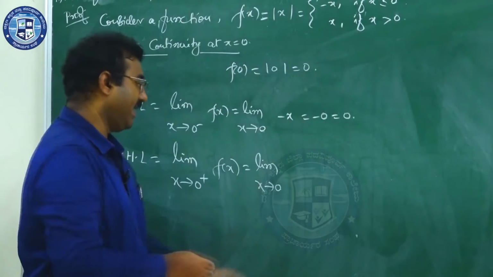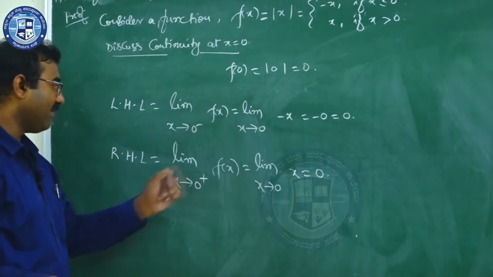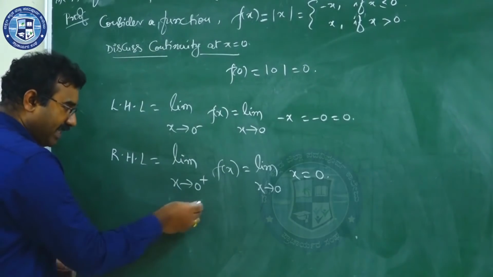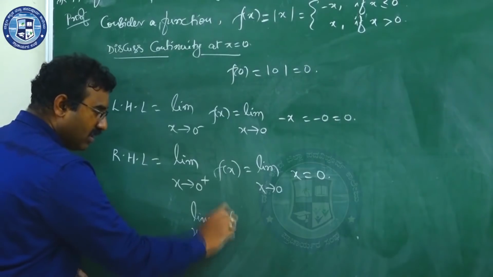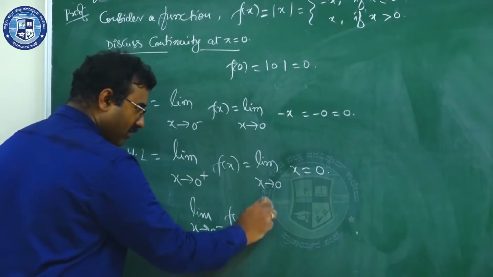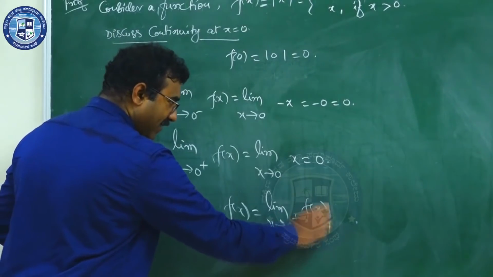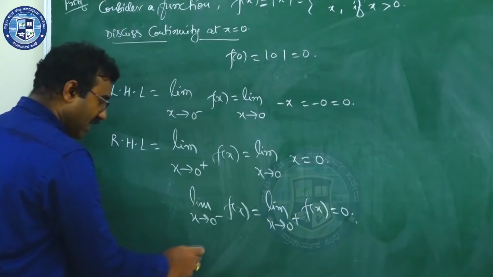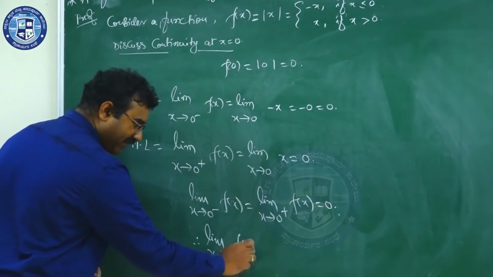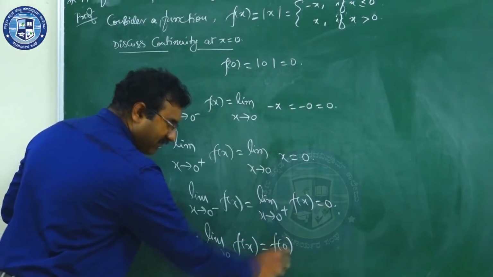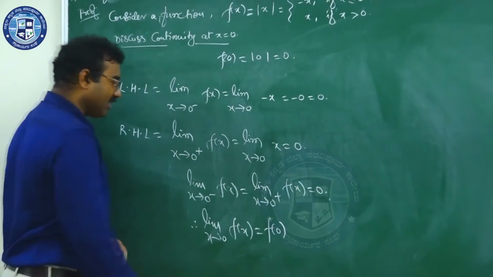So mod x becomes x. It is 0 only. So left hand limit is the same as right hand limit, so the limit exists here. Limit x tends to 0 minus f(x) is equal to limit x tends to 0 plus f(x) is equal to 0. So therefore limit x tends to 0, f(x) is equal to f of 0, because f of 0 is 0, we got it.